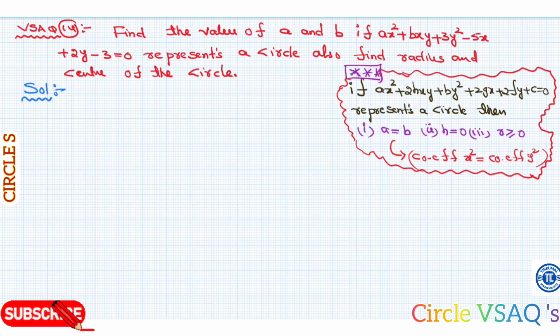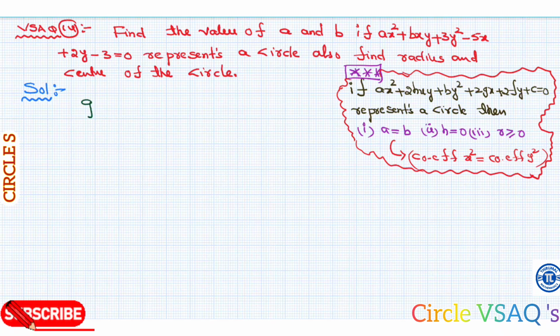The formula: if the second degree equation ax² + 2hxy + by² + 2gx + 2fy + c = 0 represents a circle, then the first condition is a = b, the coefficient of x² equals the coefficient of y², and h, the coefficient of xy, must be equal to 0, and the radius r ≥ 0. Okay, now start the solution.